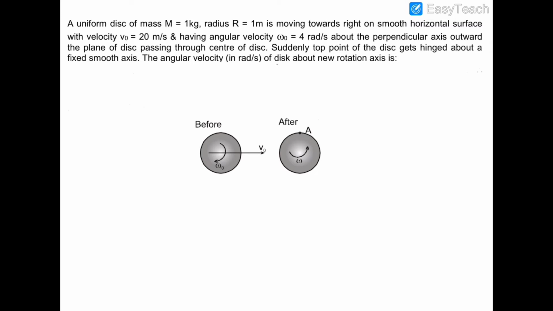In this question, we can balance the angular momentum about point A, because the torque about point A is 0, because point A is itself a hinge, and there is no force apart from the hinge force acting on this disk.